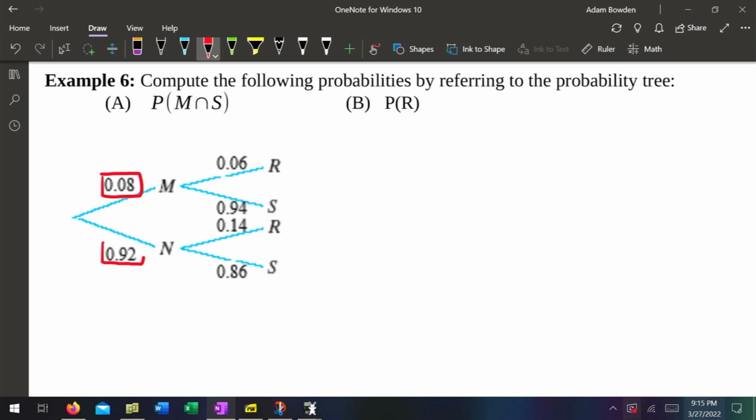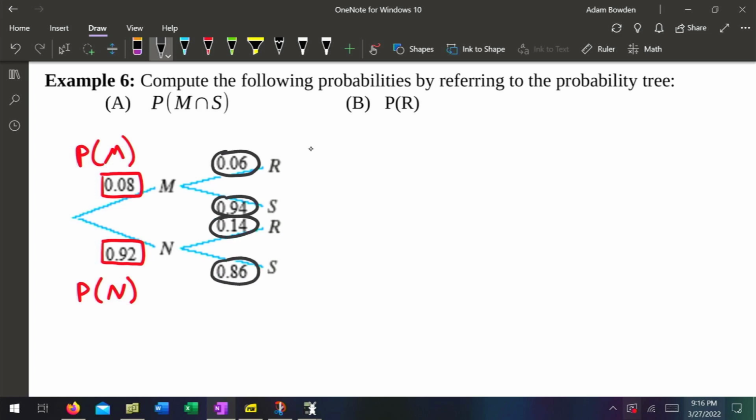So the probability first of M is 0.08, and the probability of another event that could occur first, N, either M or N. For N, the probability is 0.92. Now, if we go to the next number after M or N, either event R or S could occur. And so we have to look at these probabilities here to know how likely they are to occur each time.